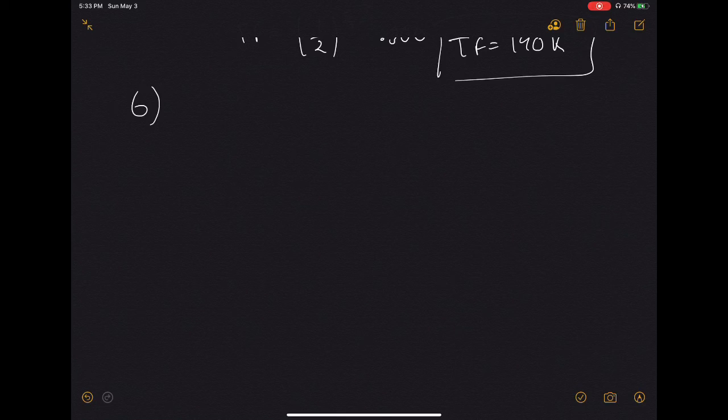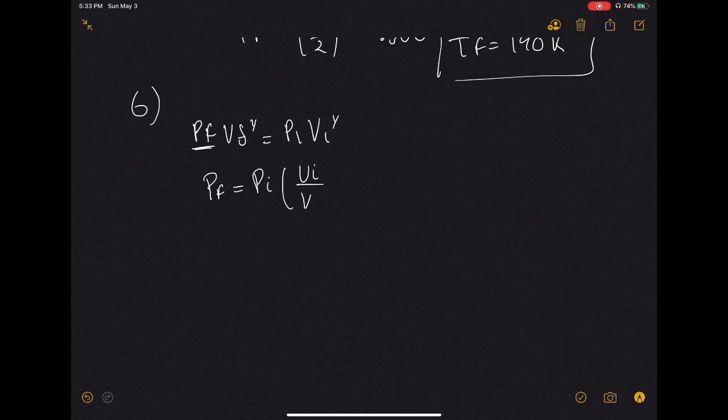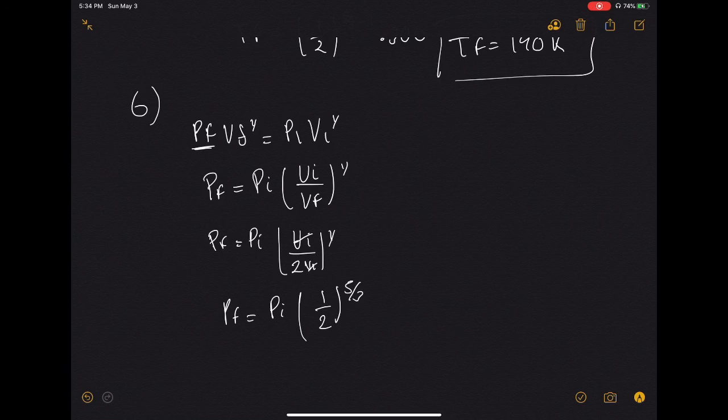We're going to use Pf times Vf to the gamma equals Pi times Vi to the gamma. Solving for the final pressure, that's going to be Pi times Vi over Vf to the gamma. The final volume is 2 times V initial, so we can cancel the Vi, and now we have Pf equals Pi times 1/2 to the 5 over 3, because it's the same gamma.